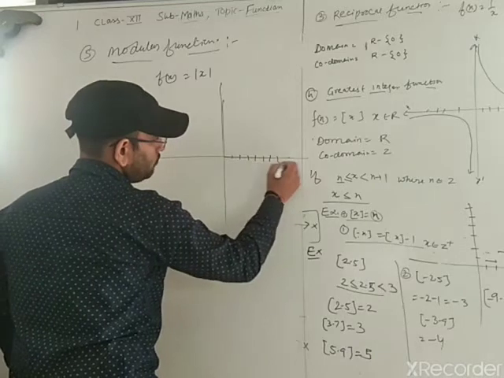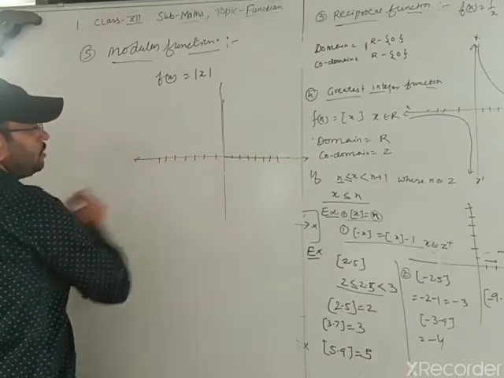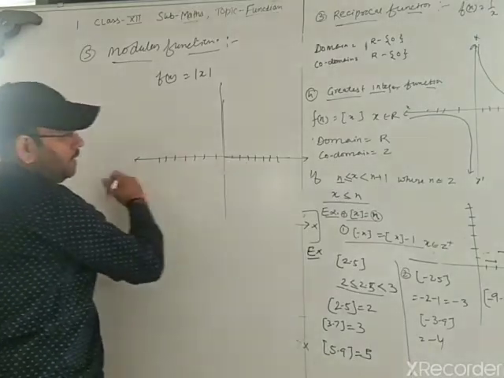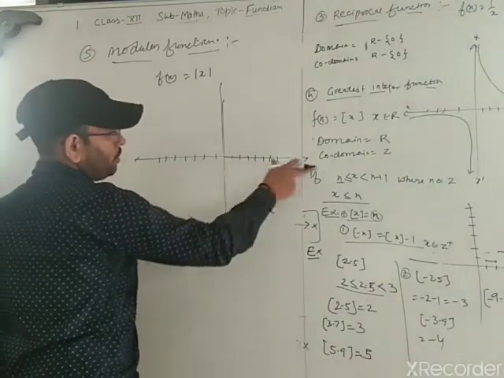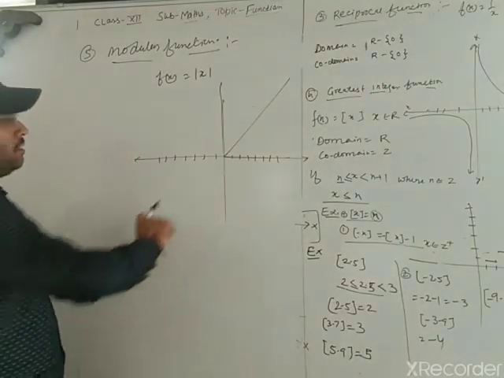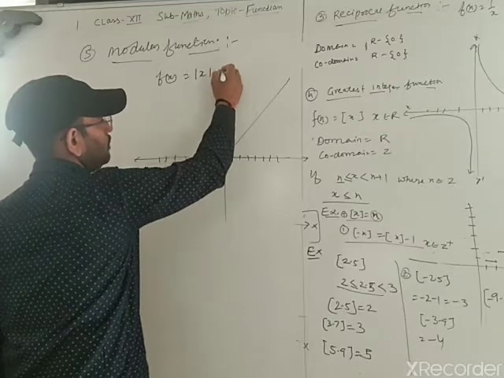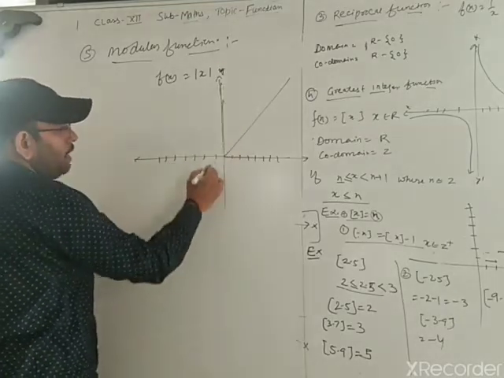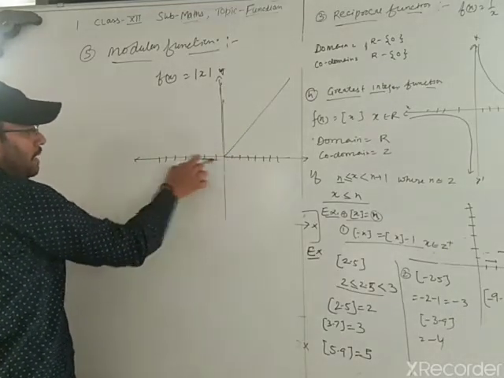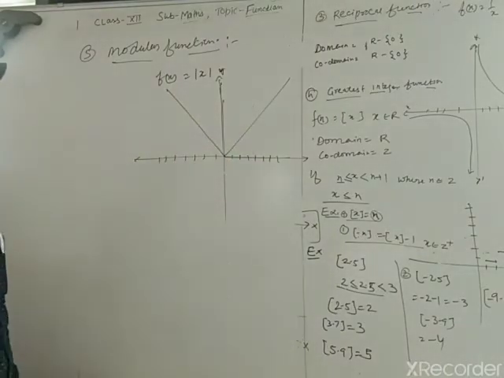So what is this x indicating? X is indicating input. We have positive input and negative input. If we provide positive input, we get a positive result. This y-axis is indicating positive values. If we provide negative values, we also always get a positive result.